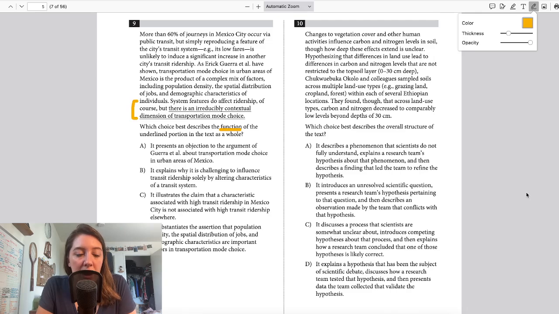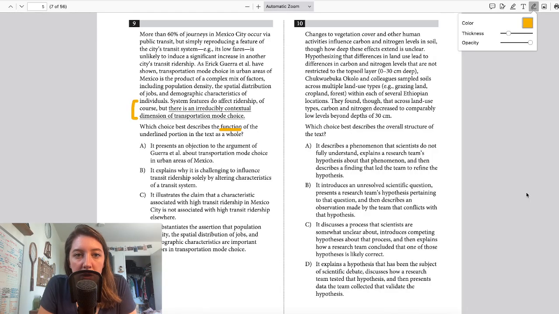So I am going to make a prediction before I've even read a single word of this, that this is going to have some kind of implication to it, or some kind of broadening impact statement. Okay, so let's just read it and see if we're right.